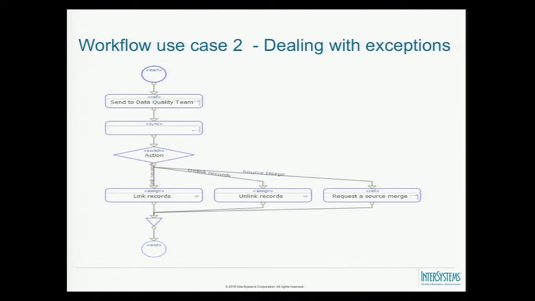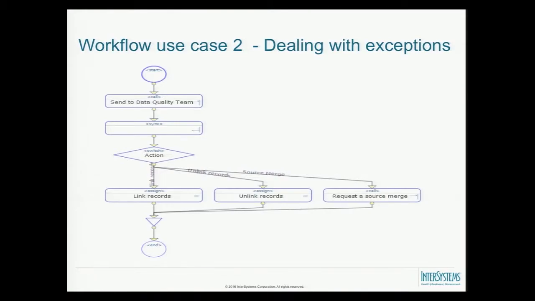They'd either need to link the records, or unlink the records if the records weren't actually relating to the same person, or potentially if the two records appeared in the same system, okay, that's what we call a duplicate, okay?